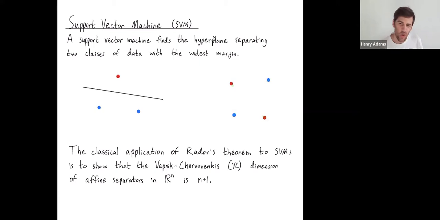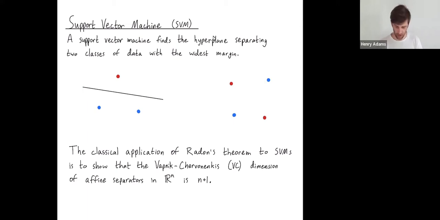So if I had a linear separator, this entire convex hull would be on the red side of that separator, and this entire convex hull would need to be on the blue side of the separator, and that's impossible because they intersect. So Radon's theorem shows you can't shatter n+2 points, but you can see that you can shatter n+1 points. And that's why the VC dimension of affine separators in n-dimensional space is n+1.